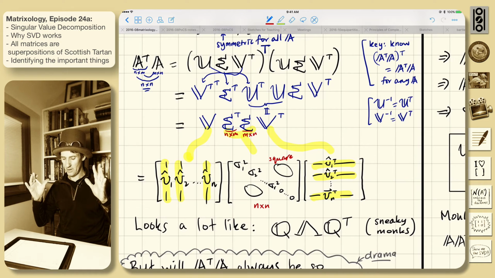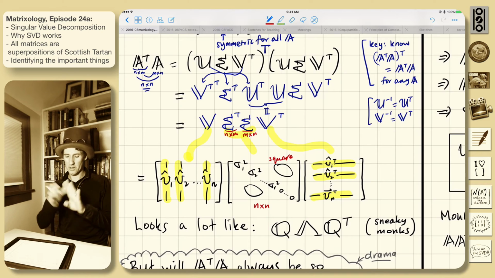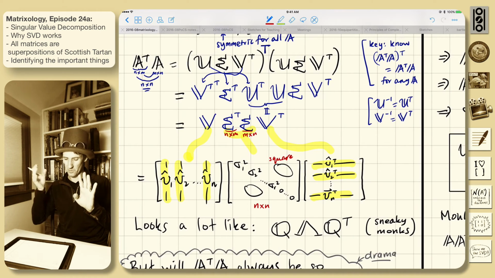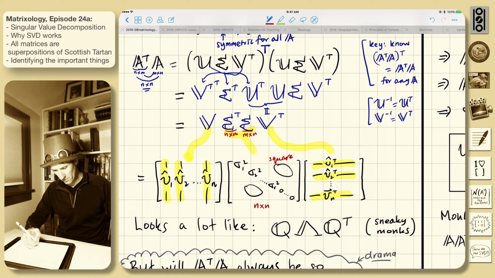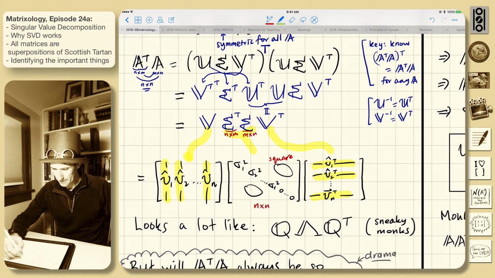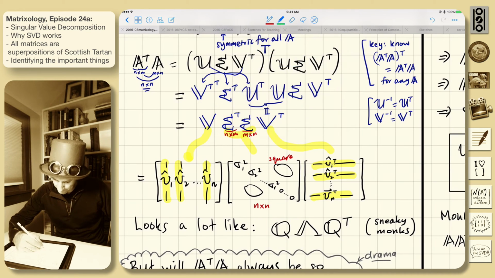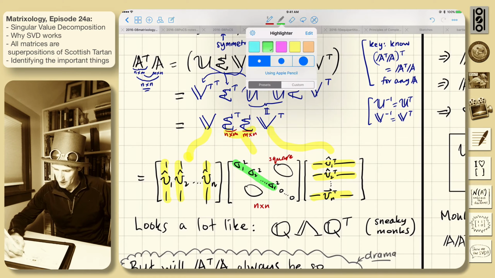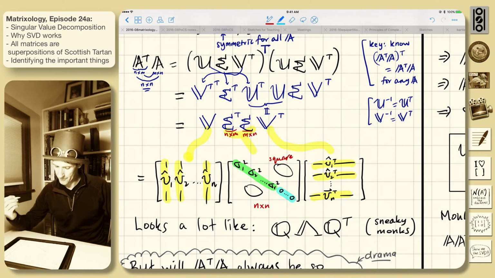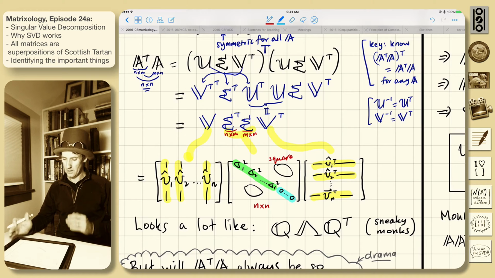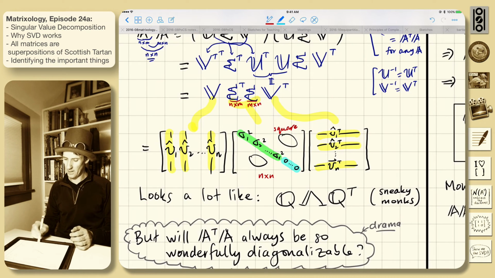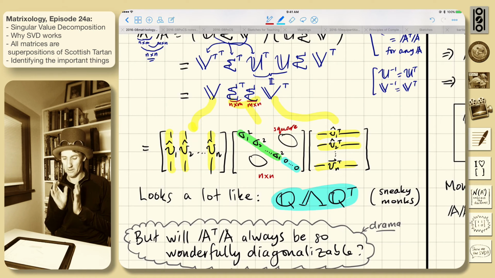Looks good. Because they're just sigma 1s, they multiply each other. So we end up with sigma 1 squared down to sigma r squared down to here, right? And then zeros after it, and zeros everywhere else. So this looks a lot like this. The monks are very sneaky. Okay. It looks exactly like that.